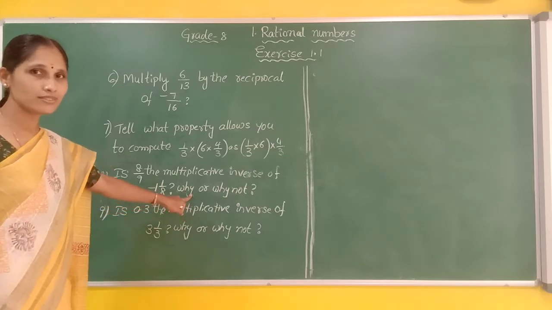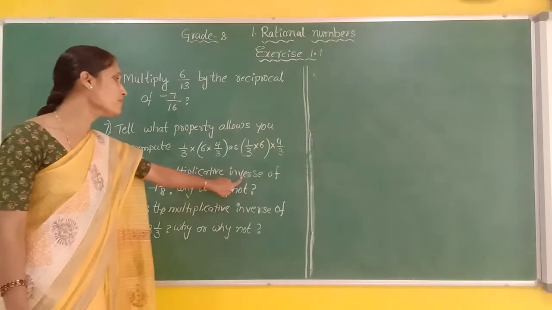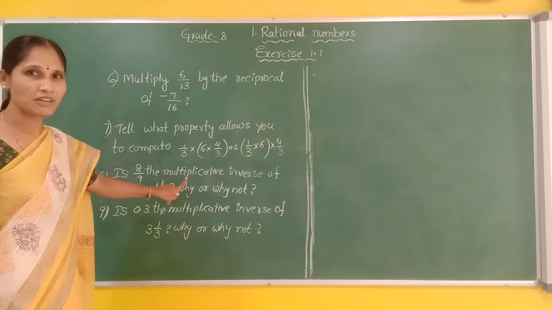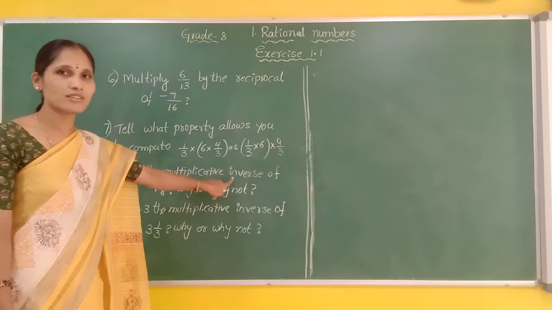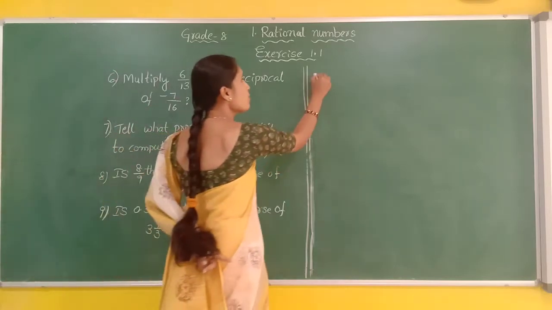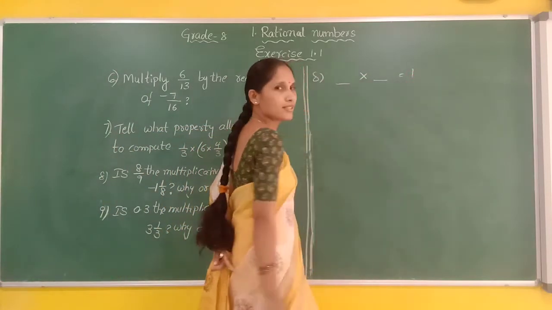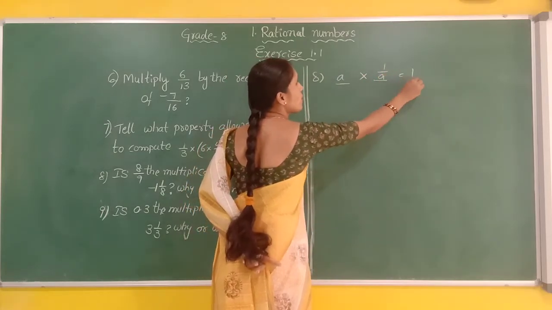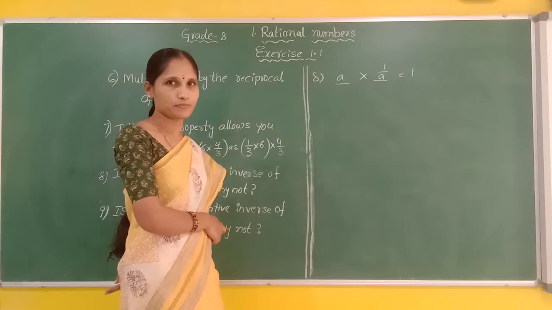They are asking whether 8 by 9 is the multiplicative inverse of minus 1 by 8. Did you remember the concept of multiplicative inverse? Yes, children. If the product of two numbers is equal to 1, these two numbers are called multiplicative inverses of each other.